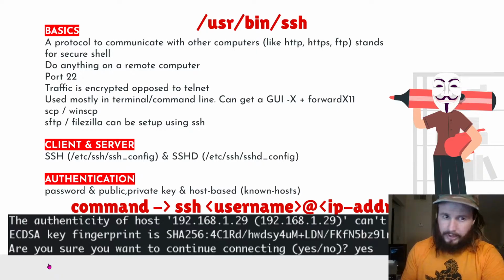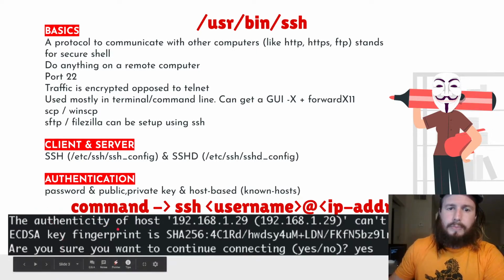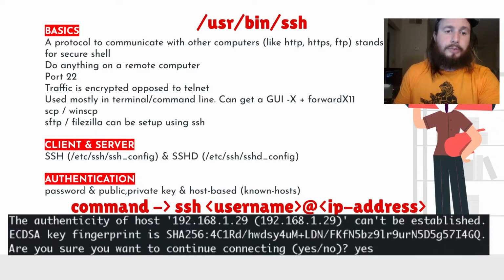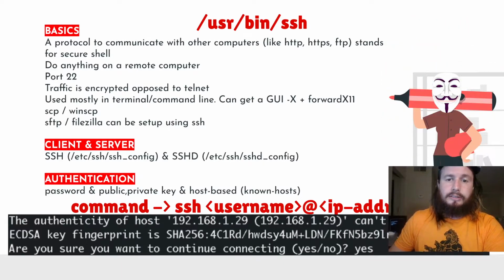In the known hosts file, it keeps fingerprints as a way to identify computers. When we first log into a computer from a client to a server for the first time, it will show us this error message. It's saying that it doesn't recognize the computer. We've never accessed it before, so make sure you trust it and then select yes, and you should never see this again.